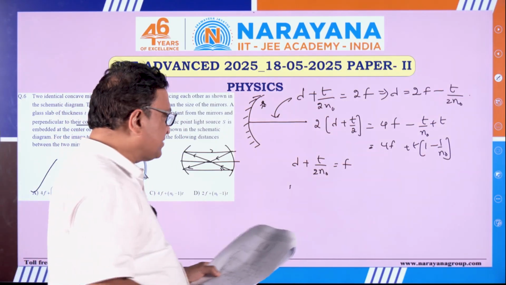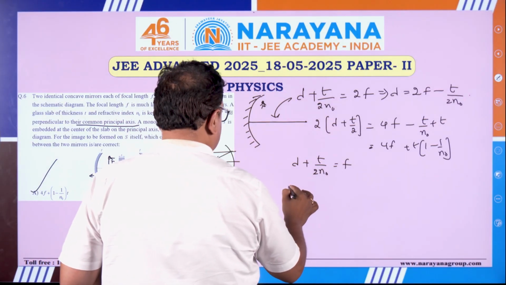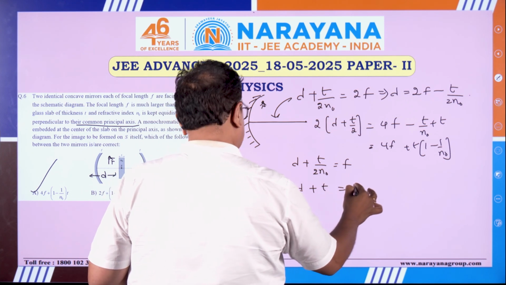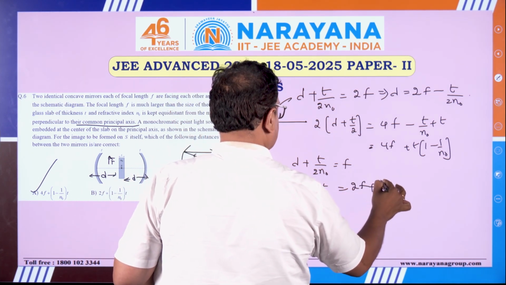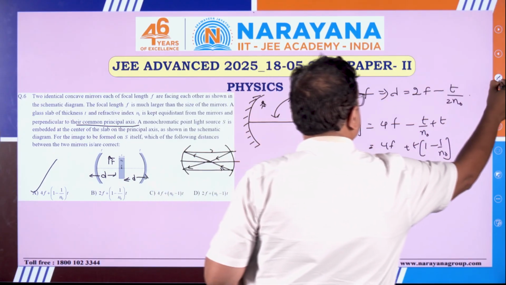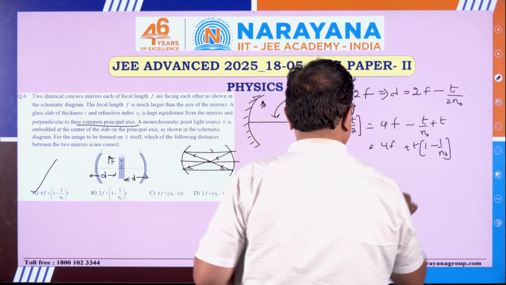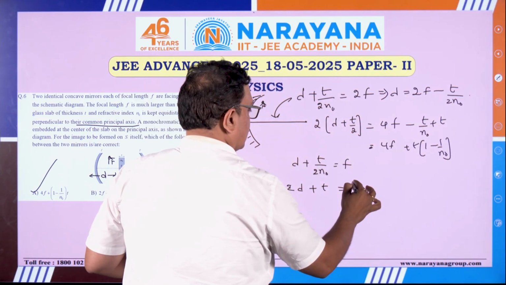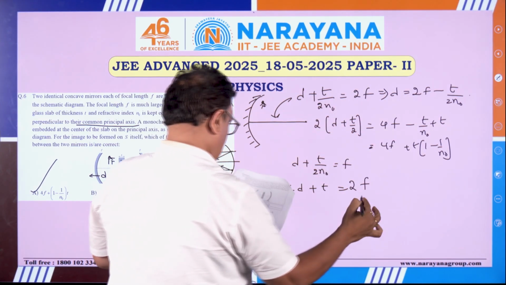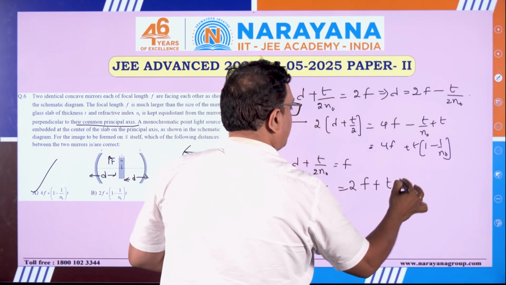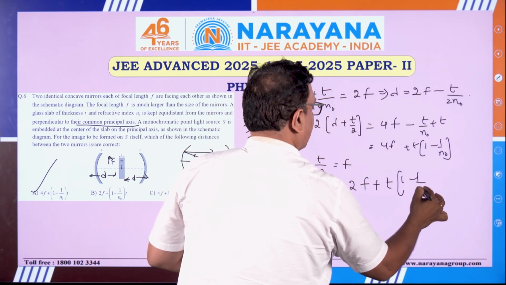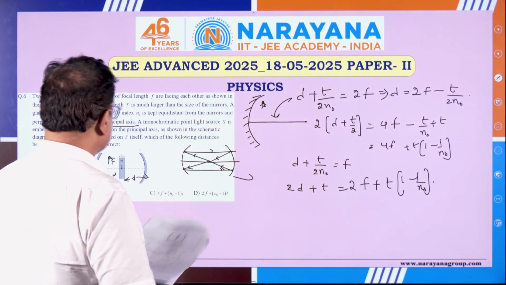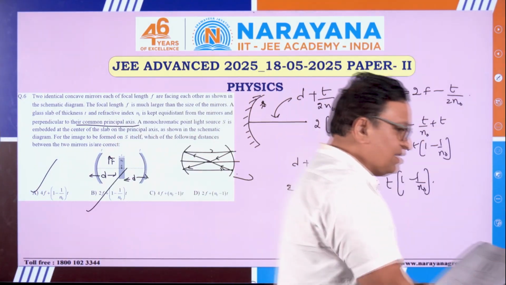In this case, you will get 2D plus T as 2F plus T into 1 minus 1 by N naught. And that satisfies option B.